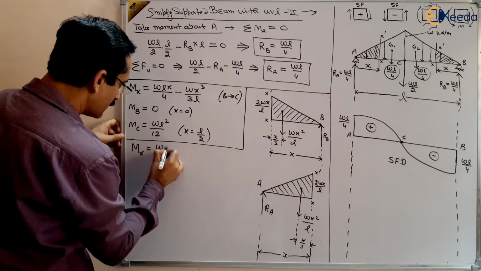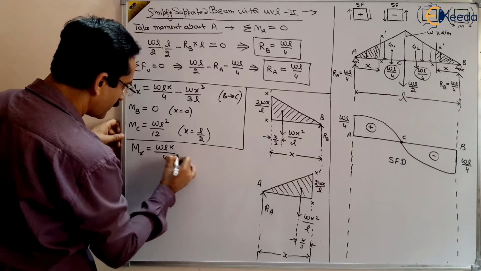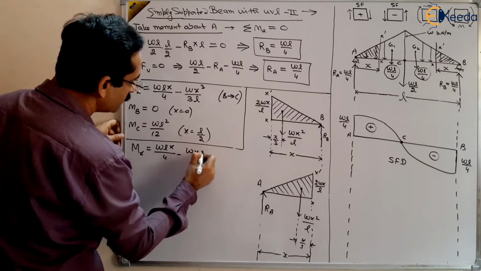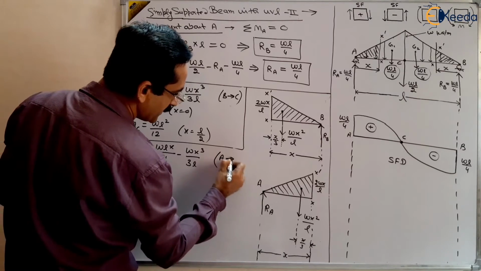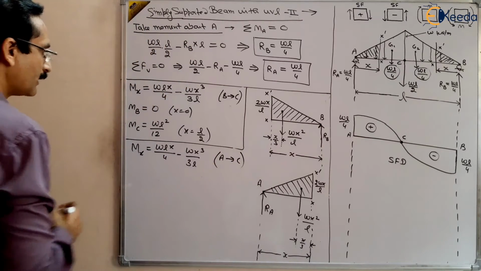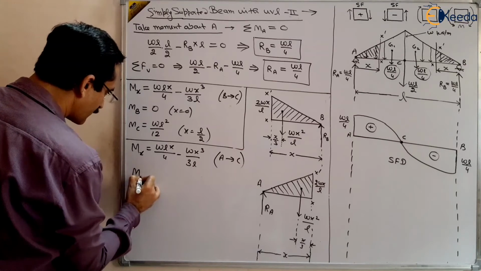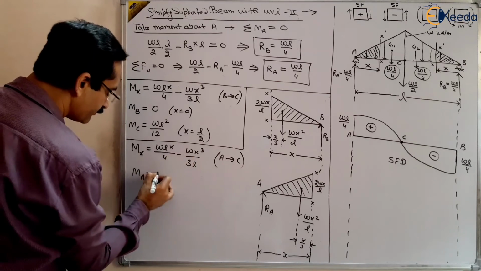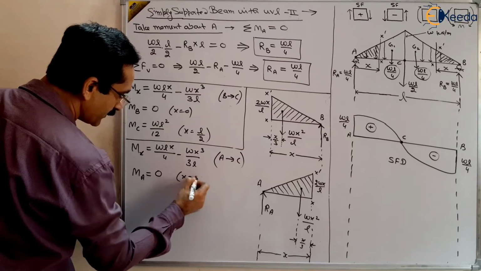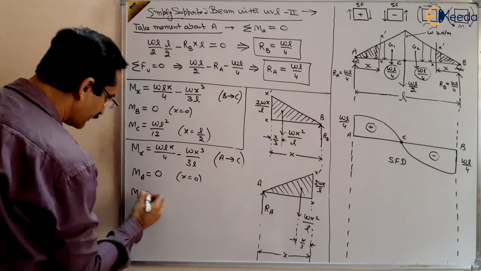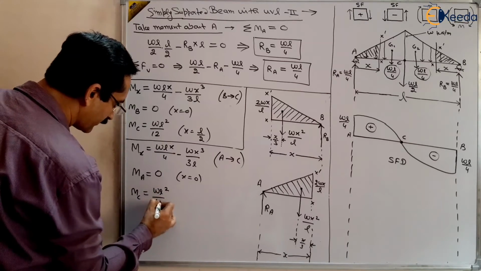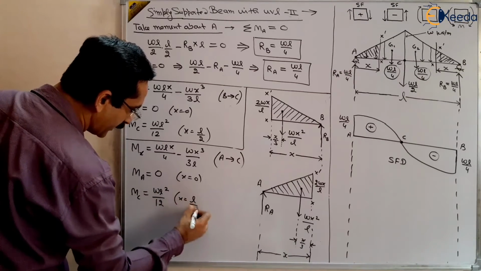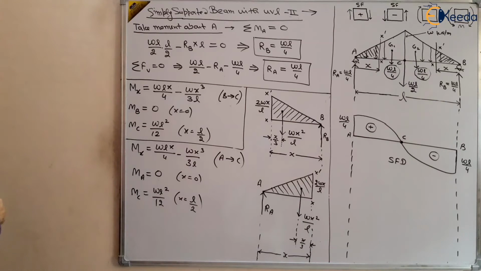The same will come: WLx by 4 minus Wx cube by 3L, and now it is valid from A to C. And MA will be equal to 0, put x equal to 0 here, and MC will be the same value, WL square by 12, where x is equal to L by 2, right?